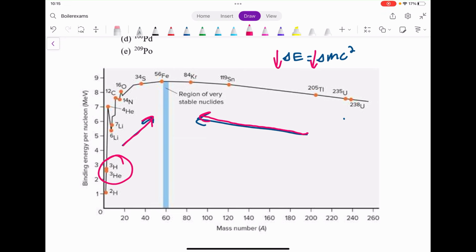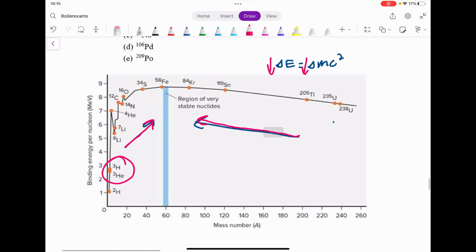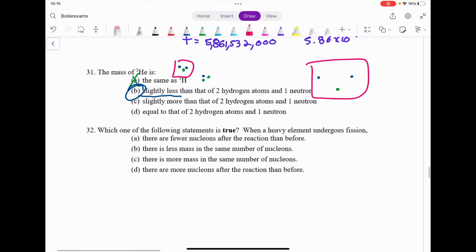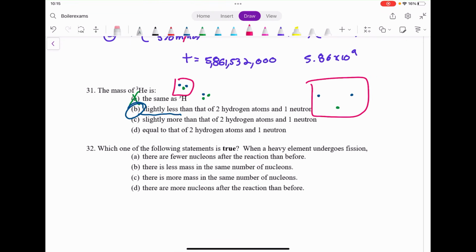Hydrogen-3 is higher up, which means it is lower mass. So we could also look at the graph to figure out that A is not the right choice. And we just know that as subatomic particles form nuclei, they lower their mass, always, always, always. So, B.